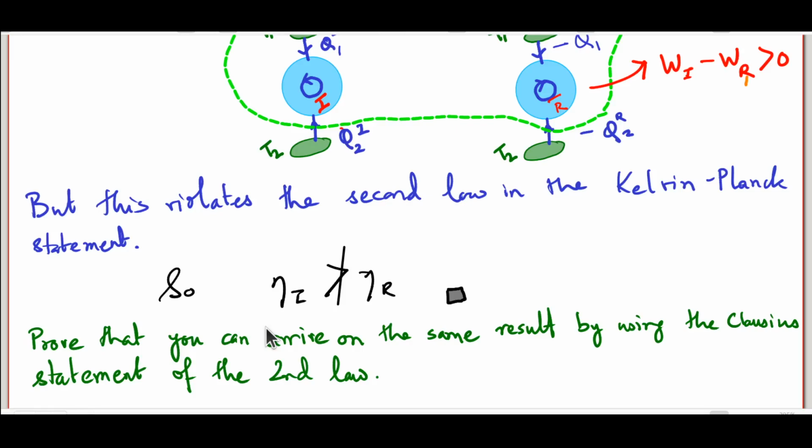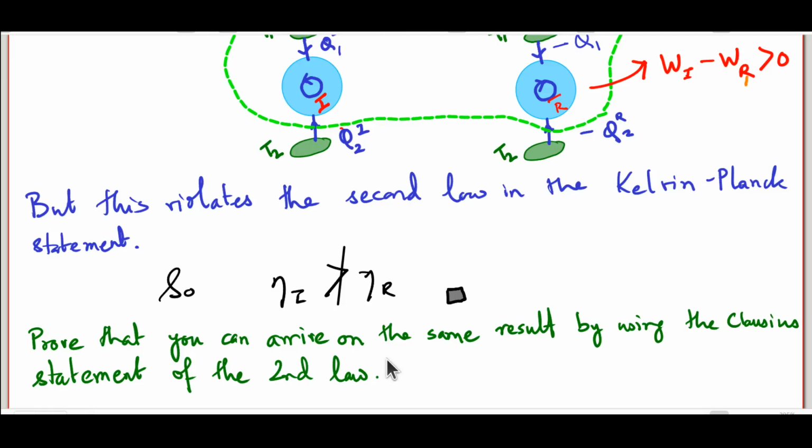By the way, we could have also done this by somehow contriving to make the reservoir at temperature T2 lose and gain the same amount of heat by the engine and the reversed engine together, and build an anti-Kelvin-Planck engine that way. You should show that this actually gives you the same conclusion. Also, you should be able to prove that you can arrive at the same result by ensuring that you end up violating the Clausius statement of the second law, not the Kelvin-Planck statement like the way we have done here.